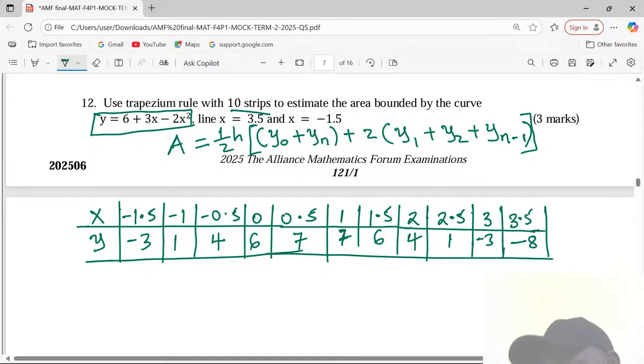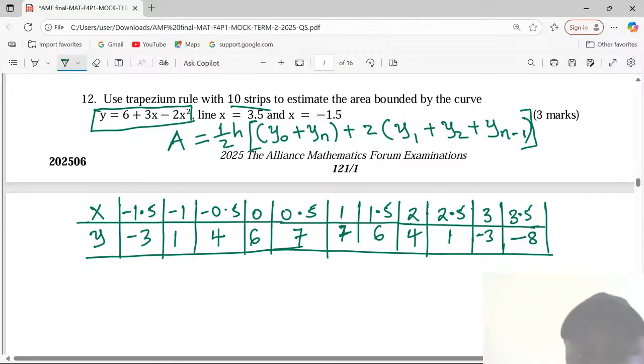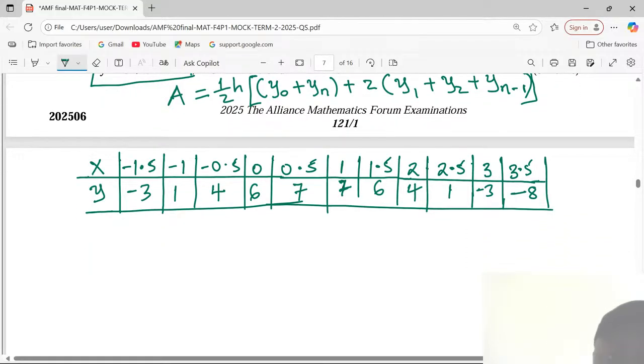When we are having negative 8 as the last quantity, it means these are just 8 units on the lower side of the x-axis. And that's why we are supposed to ignore the sign. We just want the 8 now. So at this level, we are interested in the size. We ignore the sign in substituting in the formula.